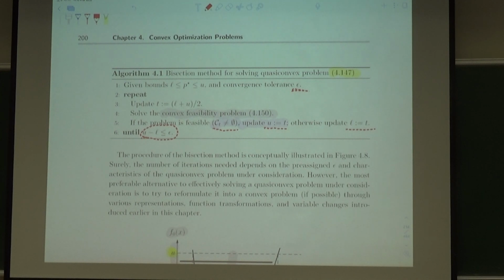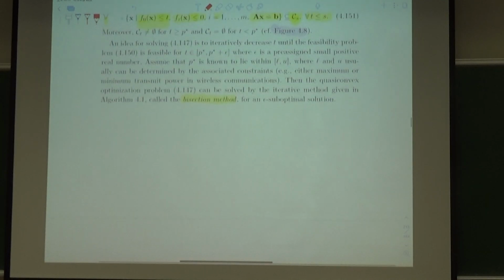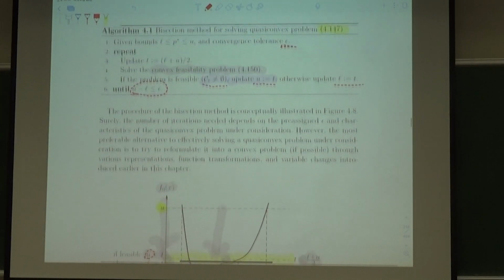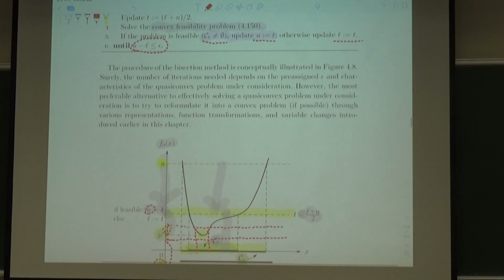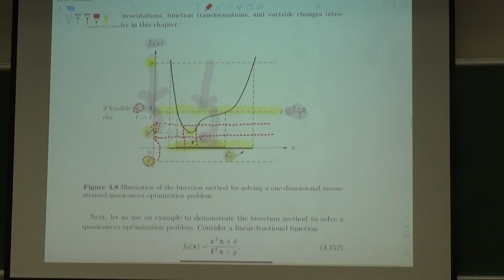We say this is epsilon-suboptimal. This is the terminology. Anyway, you just need to be within p star plus epsilon, then you stop. So your solution is epsilon-suboptimal after convergence.